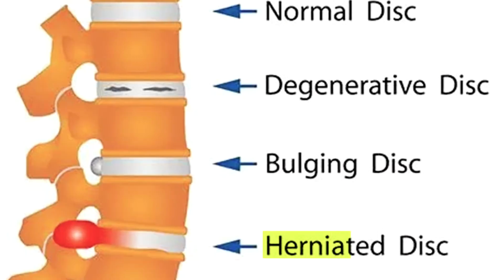The last one I want to address here is the herniation. I want to say this is the end point, because it could be the starting point for some discs if it just completely, quote unquote, blows out. This is where that jelly seeps out, where that outer layer is completely injured to a point where the outer layers can't hold in that jelly-like substance.